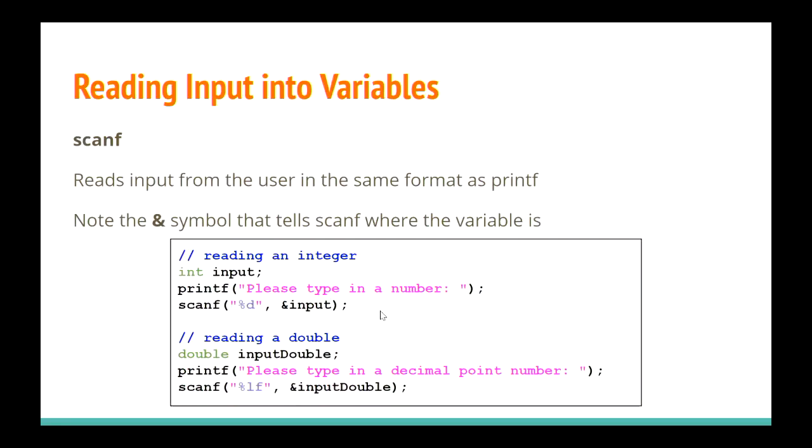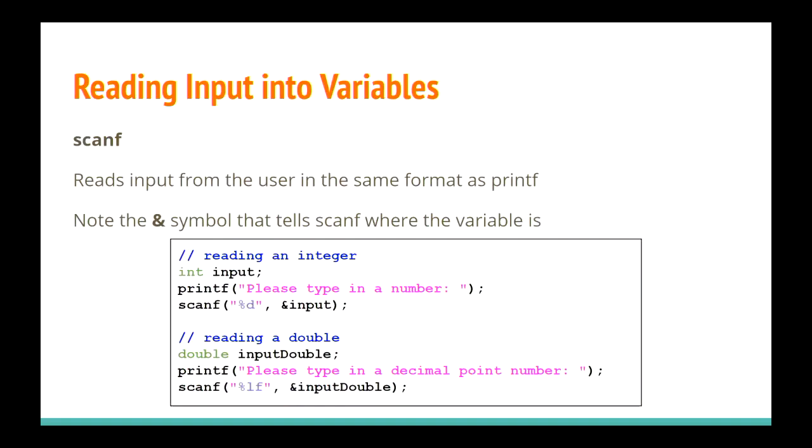It is being given the location of a variable and saying, when the user types this in, go to that piece of memory that we reserved for that variable and write over it with whatever the user typed in. So this & symbol in the scanf is something we're going to talk about a lot later. For now, you can just know that it helps us know where the variable is. Later on, we're going to delve deep into this, but I'm not going to go too deep into it right now.